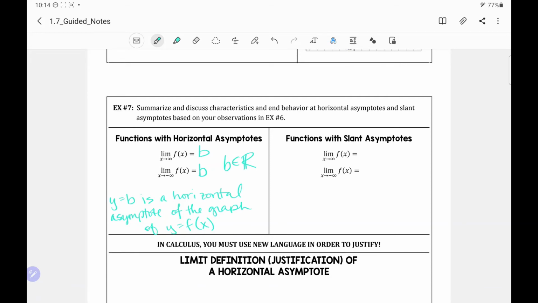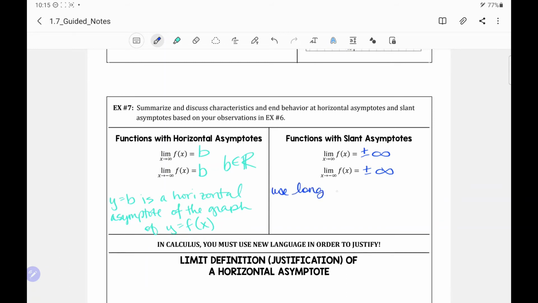Now, when there's a slant asymptote, we may recall, we looked at this earlier, that the limit as x goes to infinity could approach positive or negative infinity, and the limit as x goes to negative infinity can also approach positive or negative infinity. And we can give some options. We can use long division.